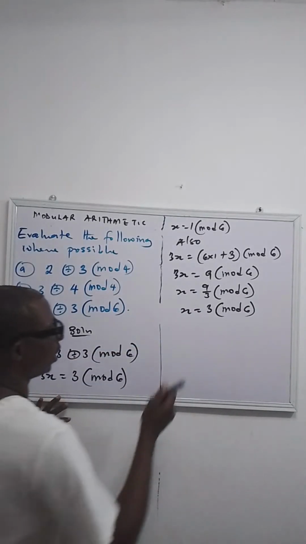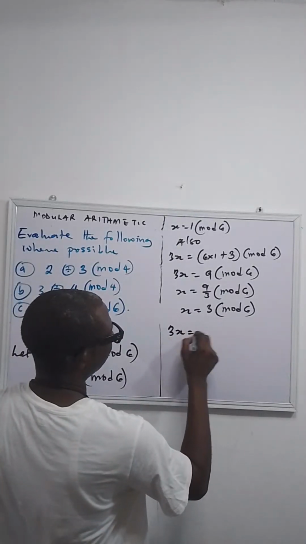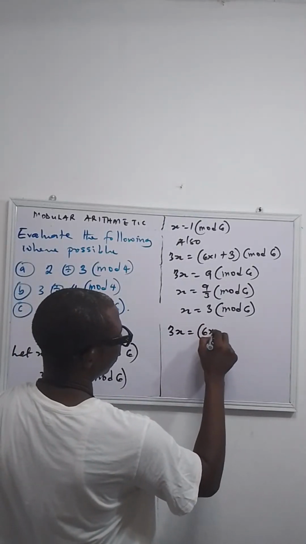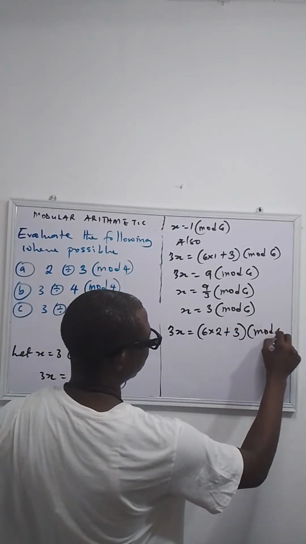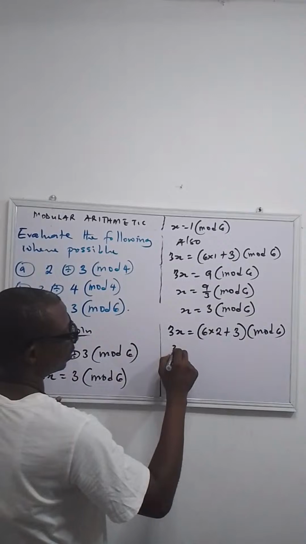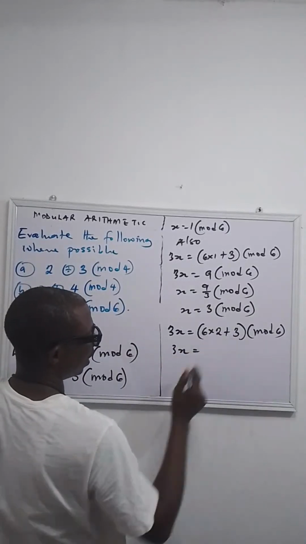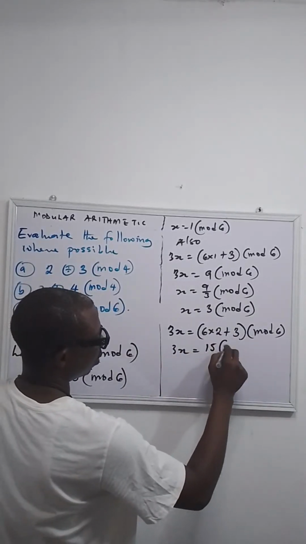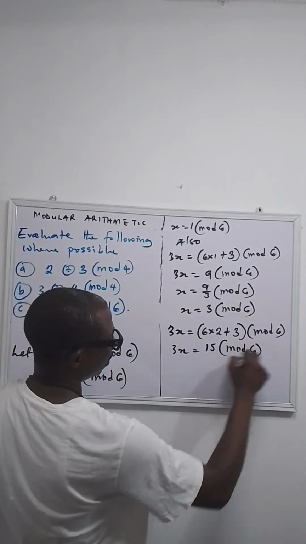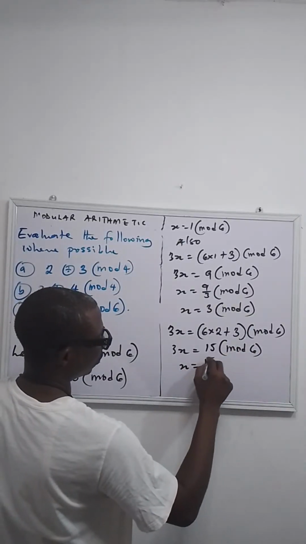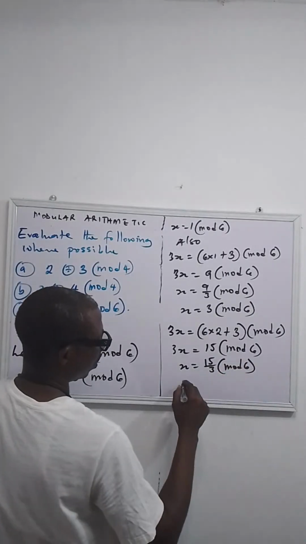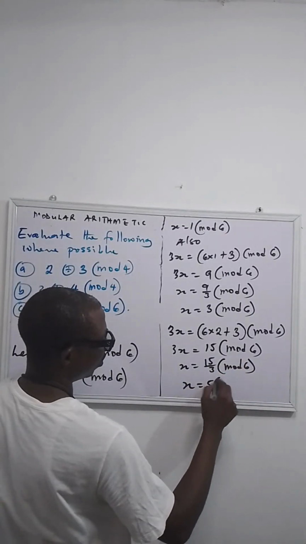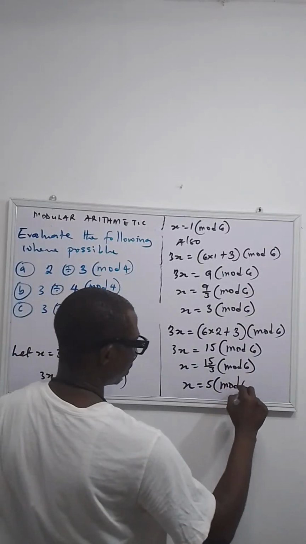So now you have 3x equals 6 times 2 plus 3 mod 6. So we have 3x equals, now that gives us what? 15 mod 6. And we have x equals 15 over 3 mod 6. So the answer is what? 5 mod 6.